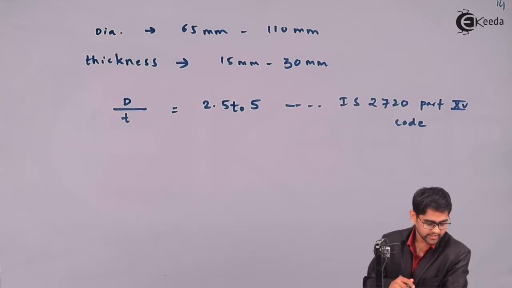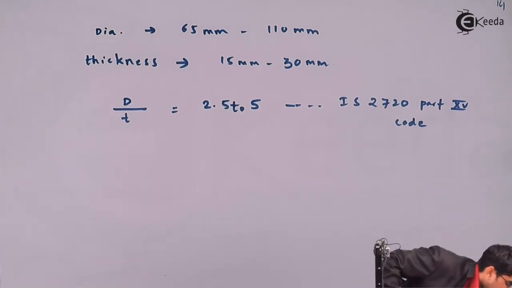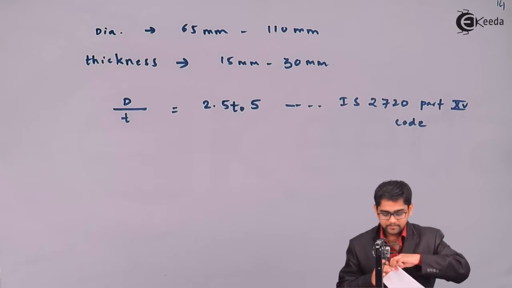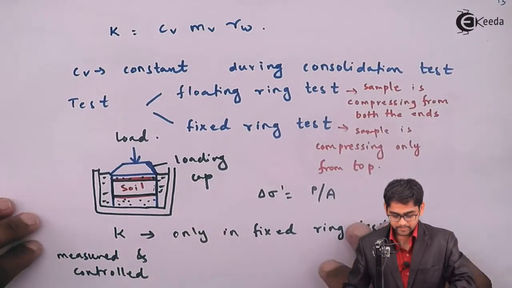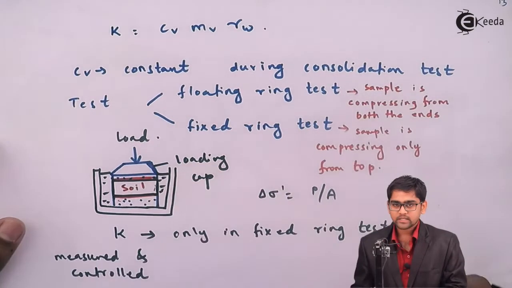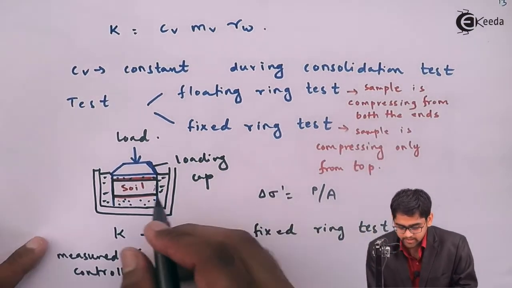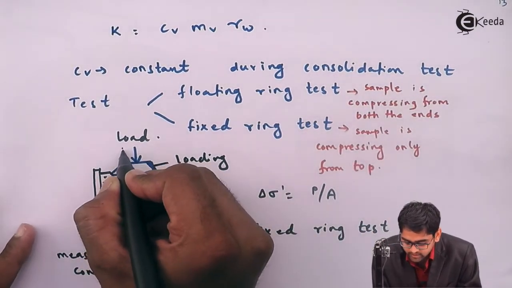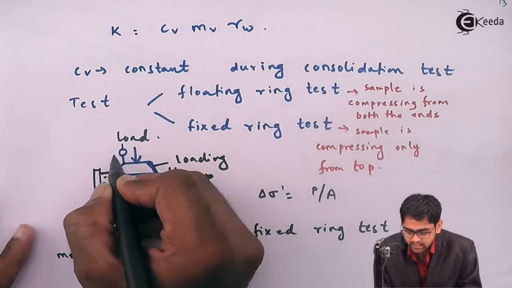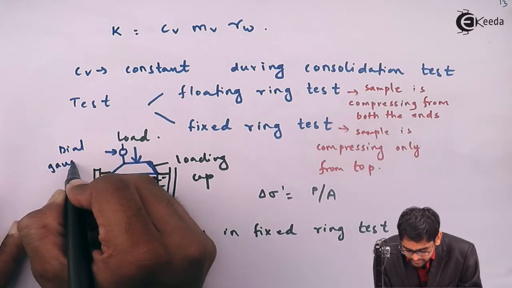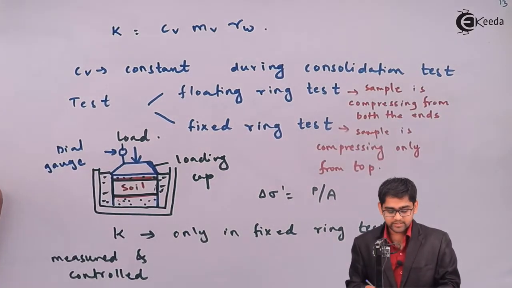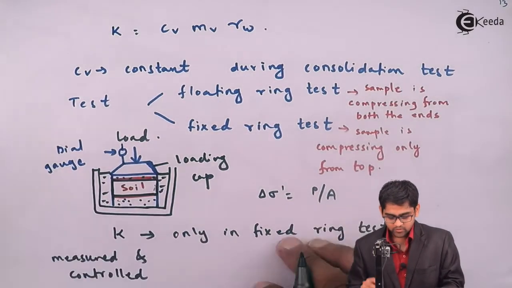And what you will be doing, I've shown you the test setup. Once you have placed the soil, you will be placing the load and calculating the deformation through the dial gauge, which is very sensitive to deformations.